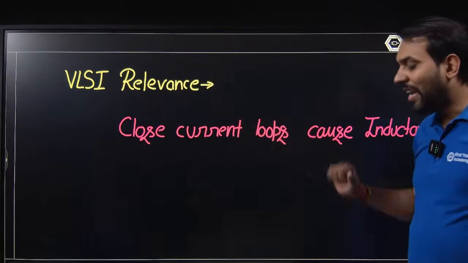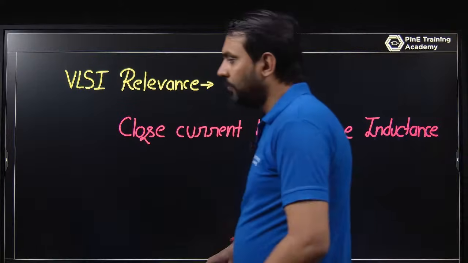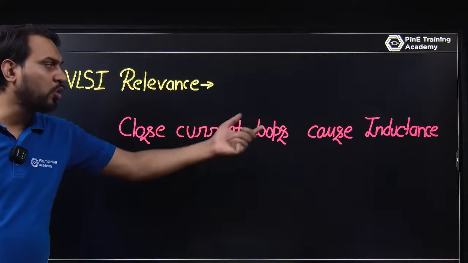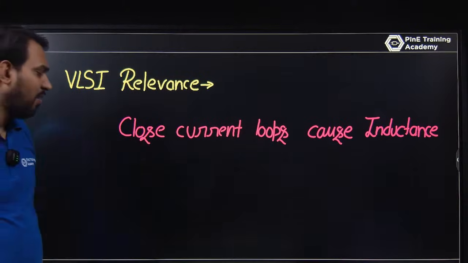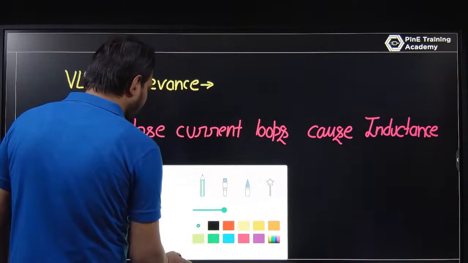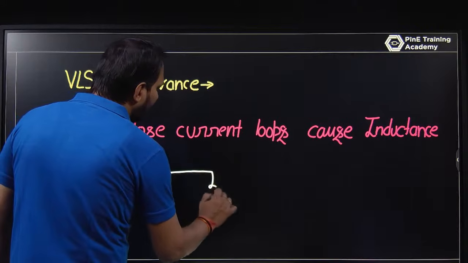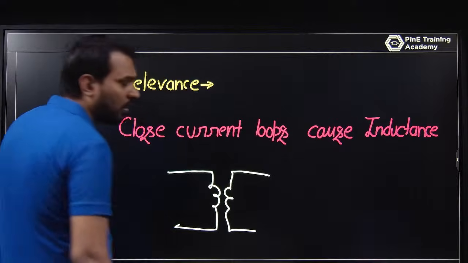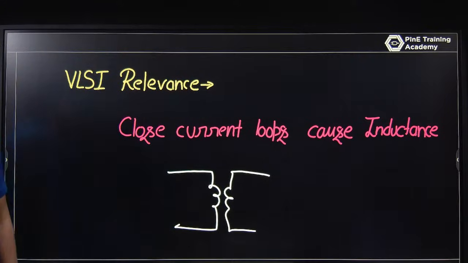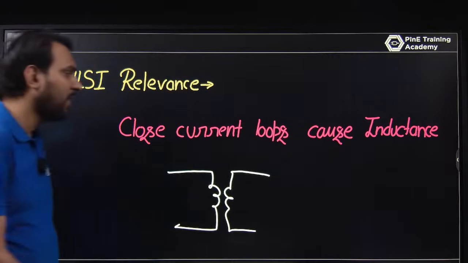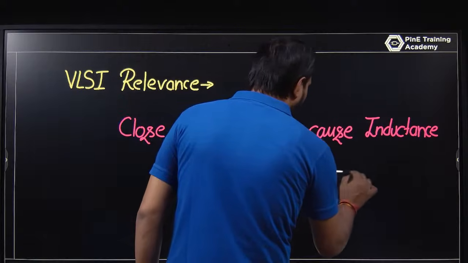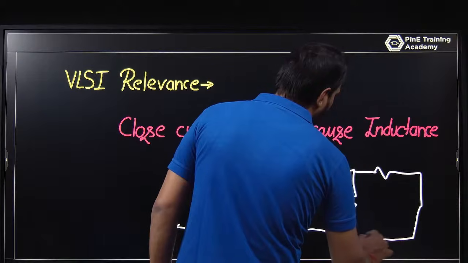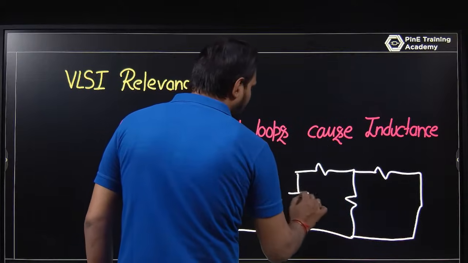What is the VLSI angle? Closed current path. Closed current loops cause inductance. Why? You know mutual inductance. You have this path and you have this path, so of course there is mutual inductance. Or in simple terminology, you have a current, and you have a voltage here.